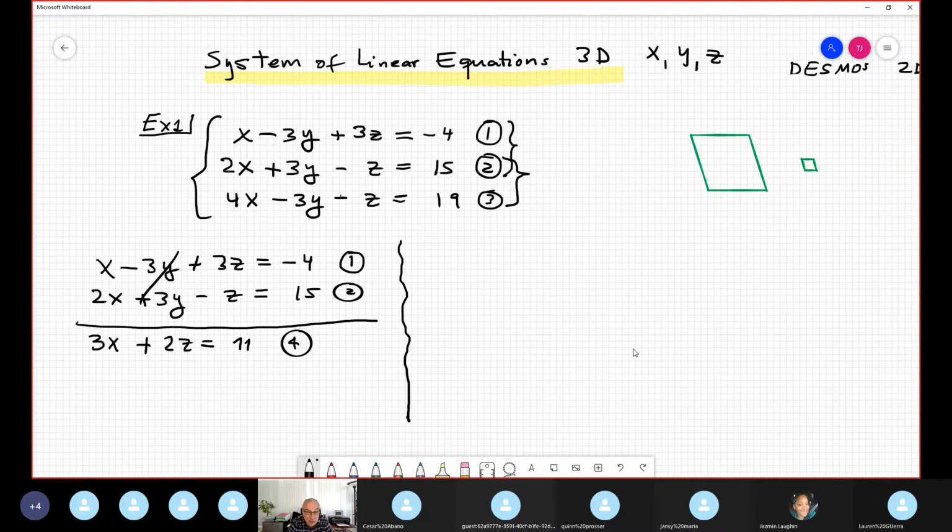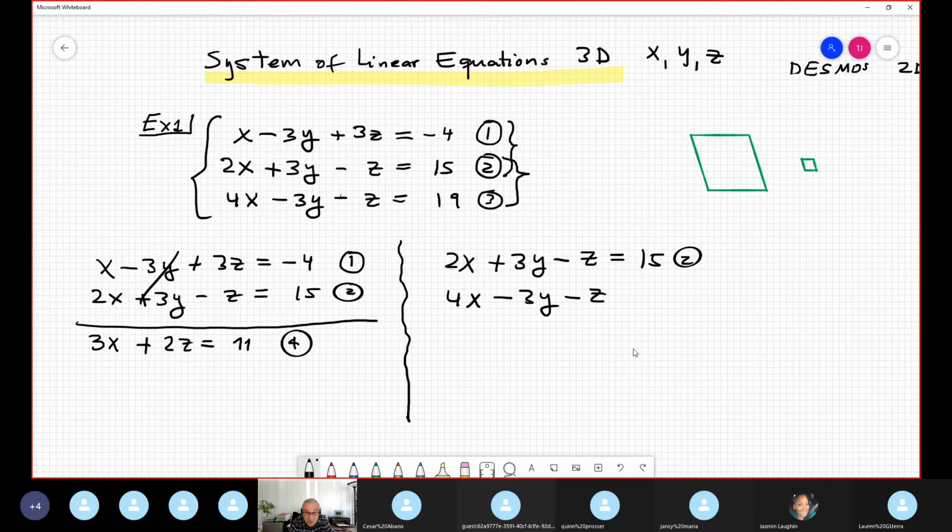Entonces I take 2 and 3 because I can see que again a similar situation happens, 3y and minus 3y. I copy equation 2 and equation 3, and you eliminate the same variable que you eliminated in the first combination.